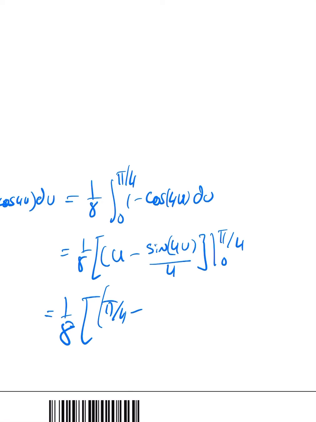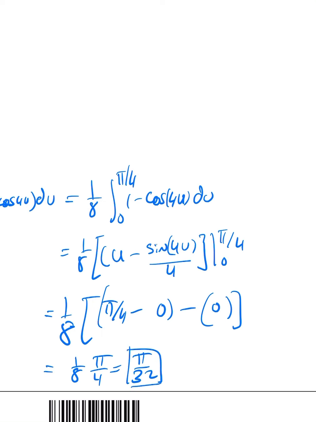Sine of pi is 0, by the unit circle. Good. u at 0 is just 0. What's the sine of 0? It's 0. Good. Therefore, this is equal to 1 over 8 times pi over 4. It's pi over 32, our final answer.